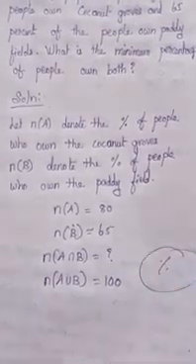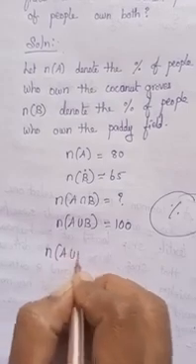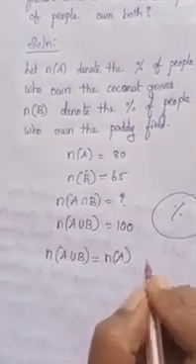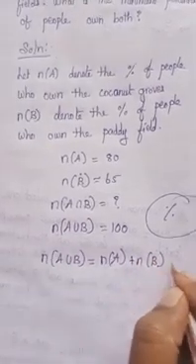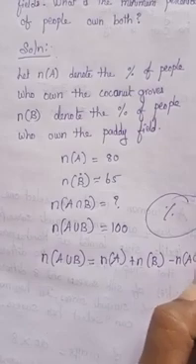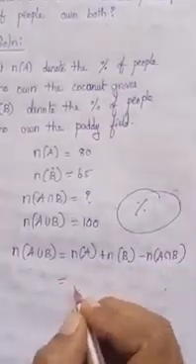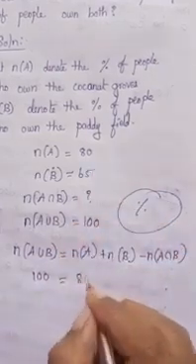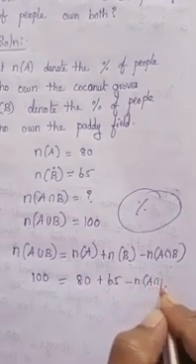Okay, we have the formula n(A union B) = n(A) + n(B) - n(A intersection B). So from this, n(A union B) is 100, n(A) is 80 plus 65 minus n(A intersection B).